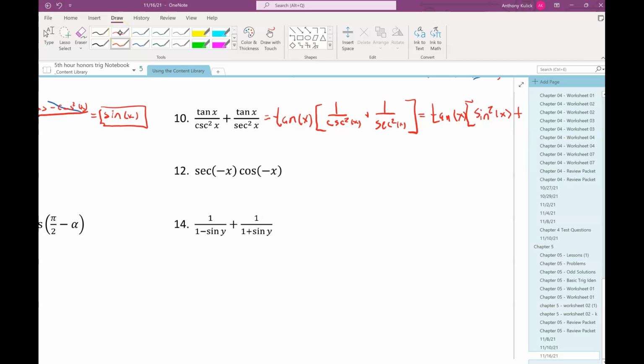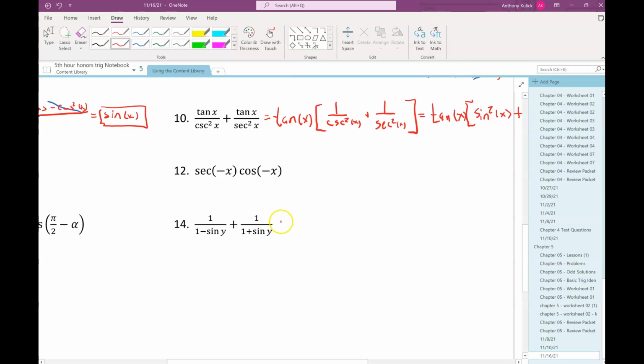So on number 14, what I would do first is an algebraic thing. I would make a common denominator to add these two fractions. The common denominator here, since the two denominators don't have any factors in common, is just going to be the product of the two denominators.